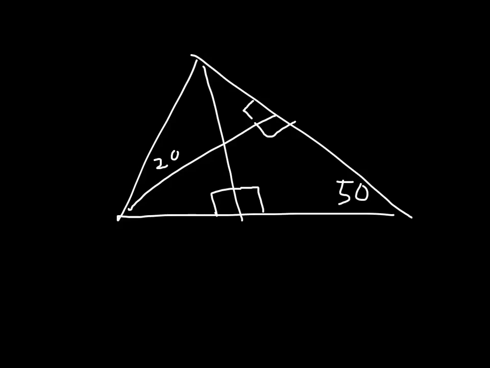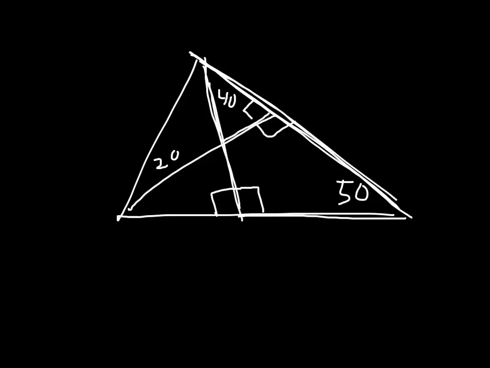So we have a 50, 90 triangle right there, so we know that this angle up here must be 40 degrees. Well, now we have this little triangle here. If we have 40 and 90, this piece must be 50. By vertical angles, that piece is 50.